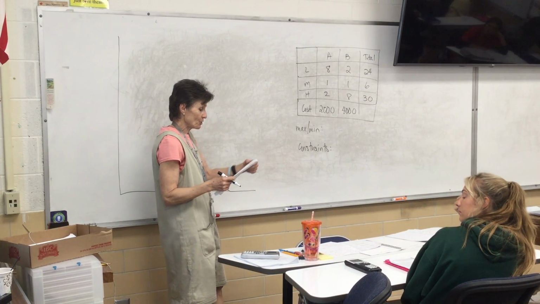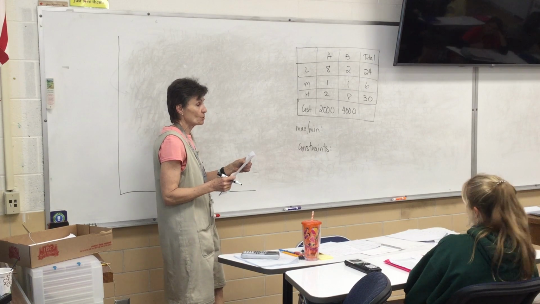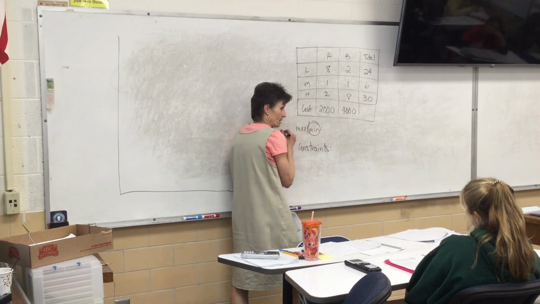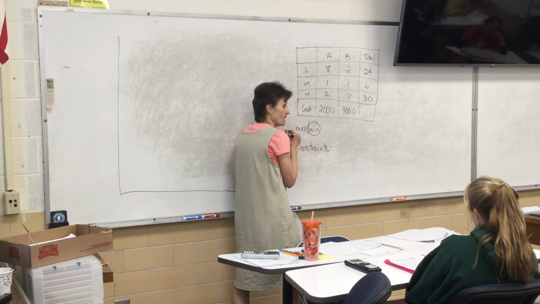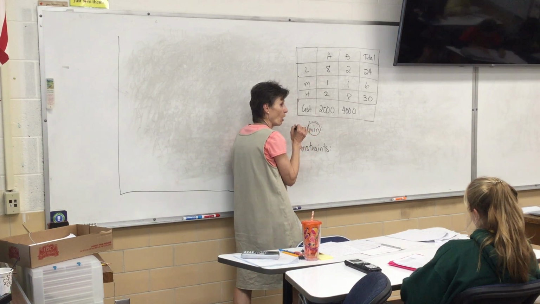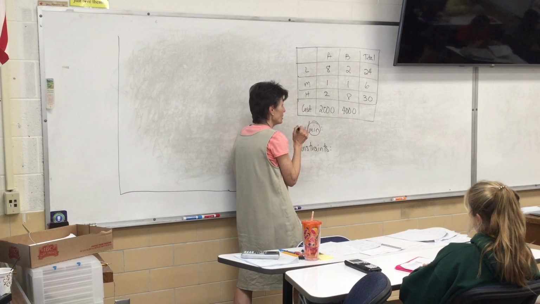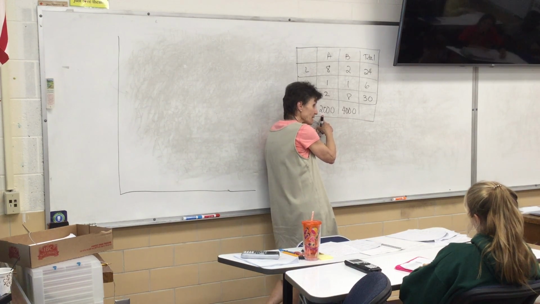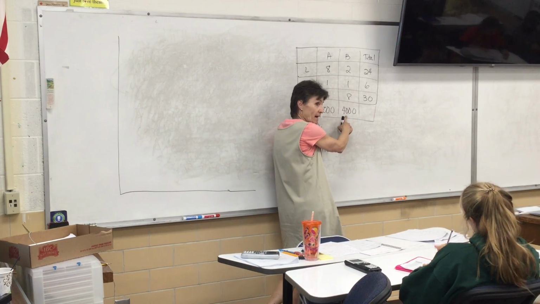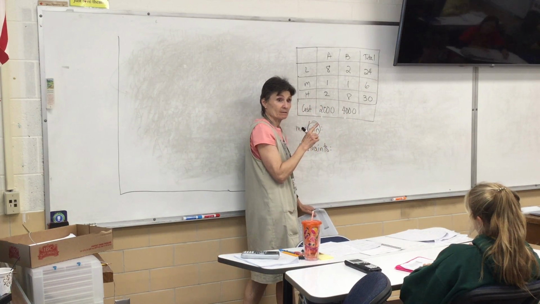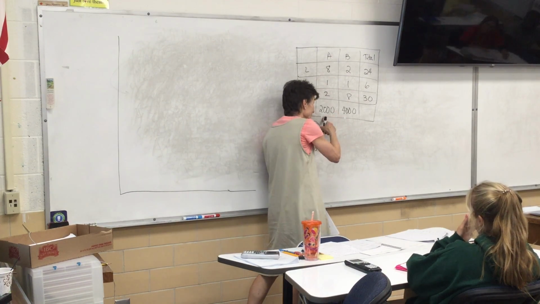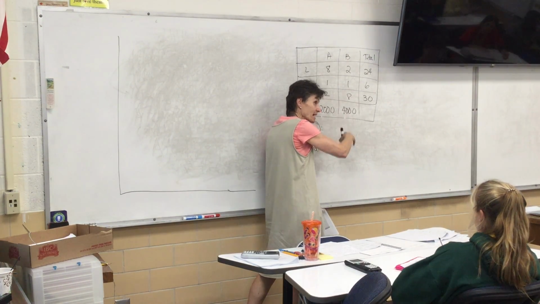How many days should each factory operate to fill the orders at minimum cost? So this is another minimum problem, and I want to minimize the cost, which is going to be $2,000 for every A day plus $4,000 for every B day. Don't I really want to find out how many days A works and how many days B works?